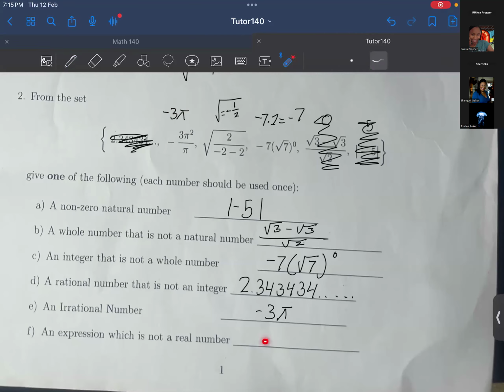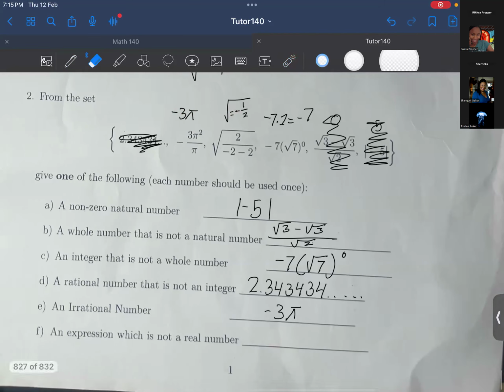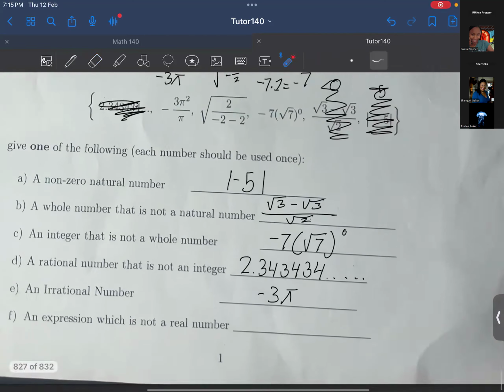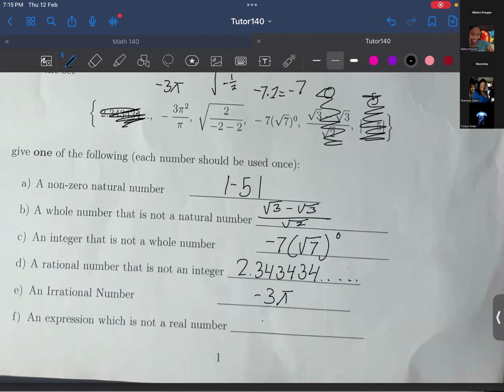So an expression which is not a real number, the square root of negative a half. That is not a real number. The square root of a negative number is not a real number. Oh, why am I writing that? Hold on. Let me correct what I was just writing in the last one.